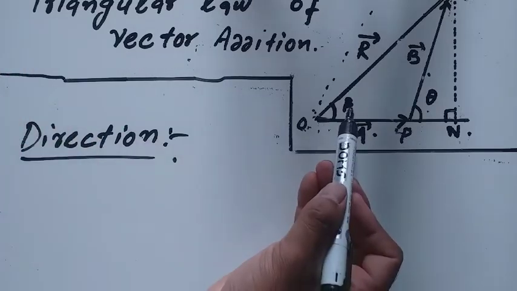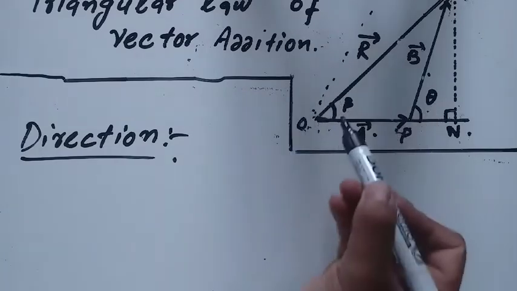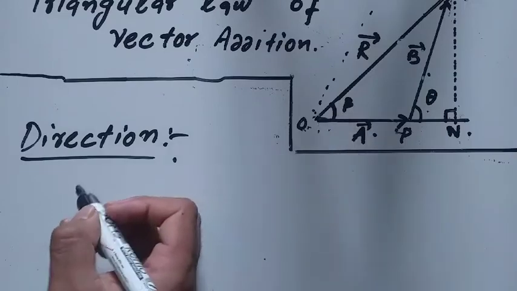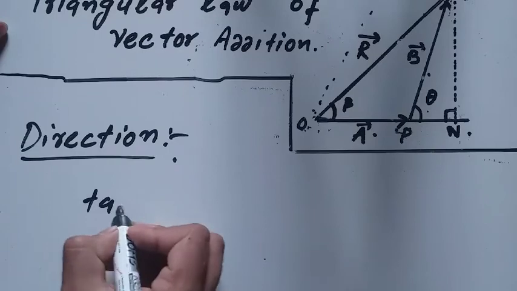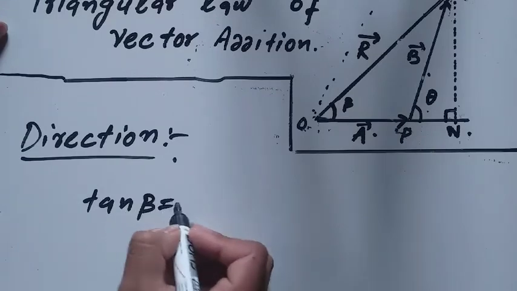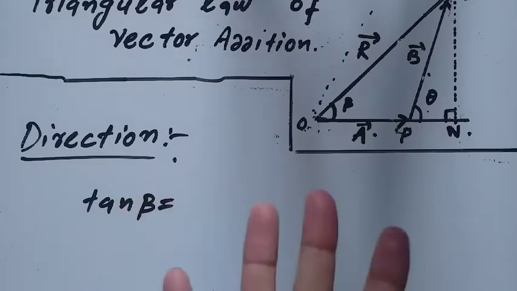This angle gives us the direction, not this angle theta. That means we must know about this beta. Now I can write here tan beta is equal to.